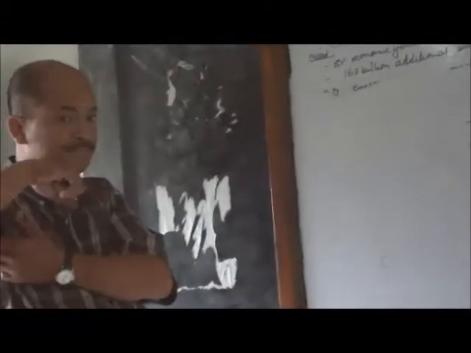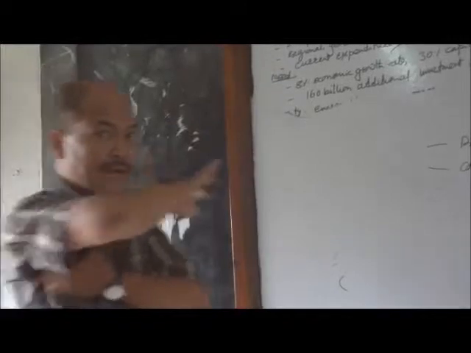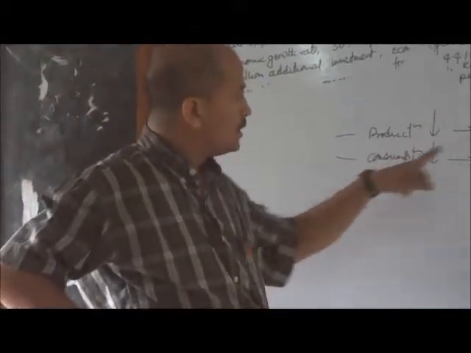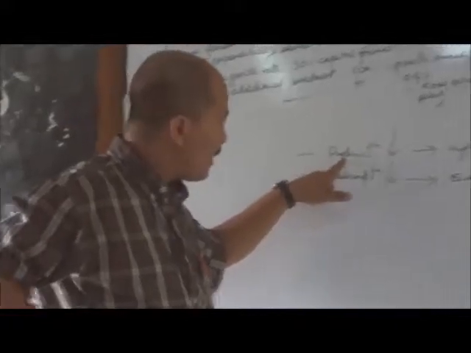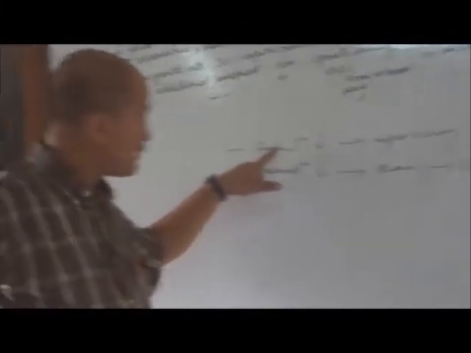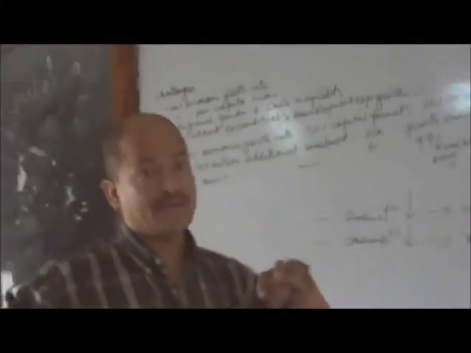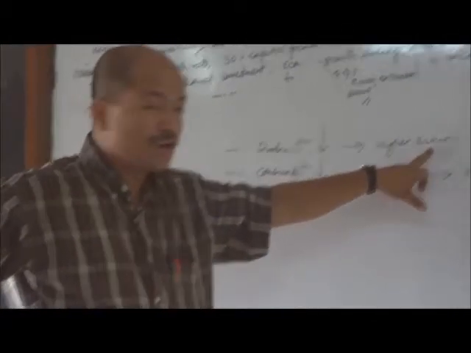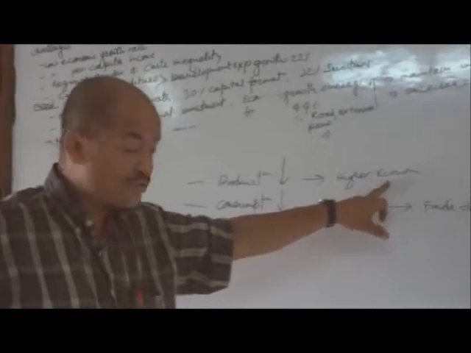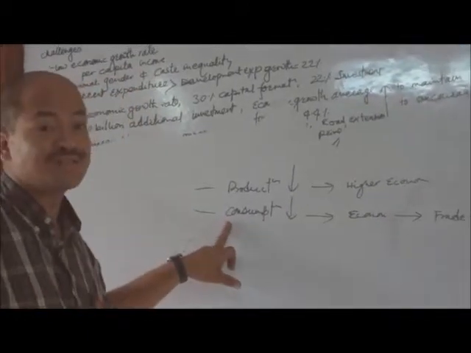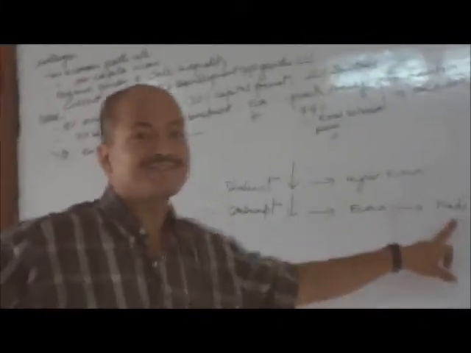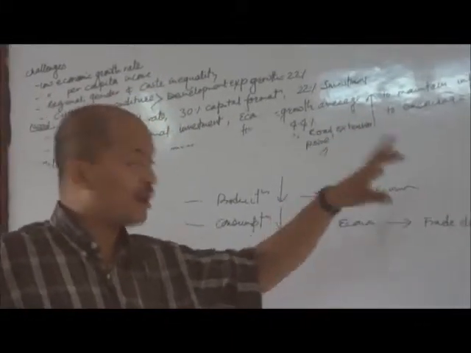Look at it. If we allocate more resources to the production side, that is the development side, you can get a higher economic growth rate. But if you invest on the consumption side, that is the regular expenditure, what will happen? It increases the trade deficit, inflation and other problems.